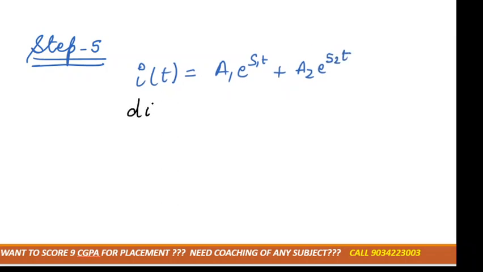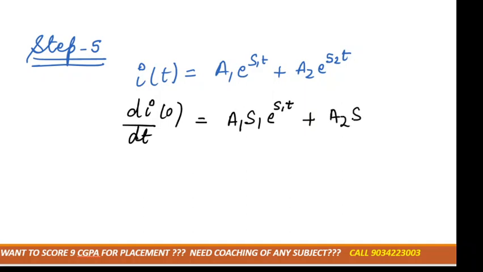We have to differentiate di by dt, right? If we'll differentiate it, a1 will remain as it is, s1 will come in front, e raised to power s1t, right? a2 will remain as it is, s2 e raised to power s2t.